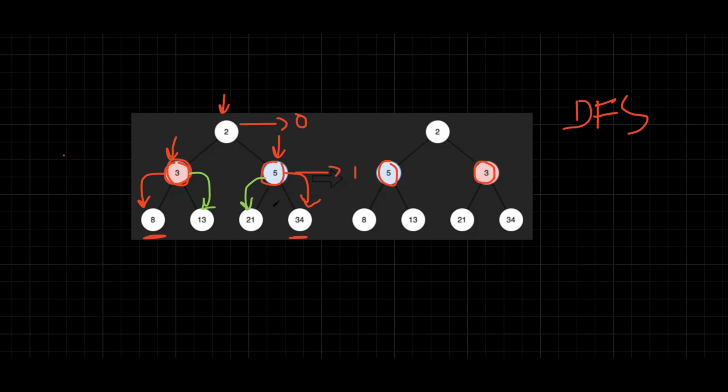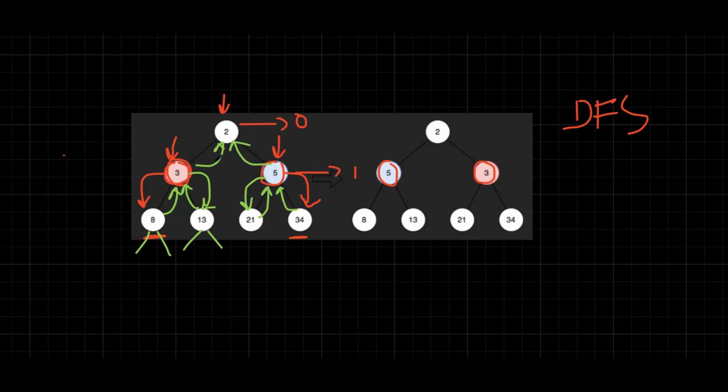And this is how basically we're gonna solve this problem. So here, for these 8, 13, 21 and 34, all of them are leaf nodes because none of them have children. So the call will be returned from here, from here, from here, and again from here, from here, and from here.